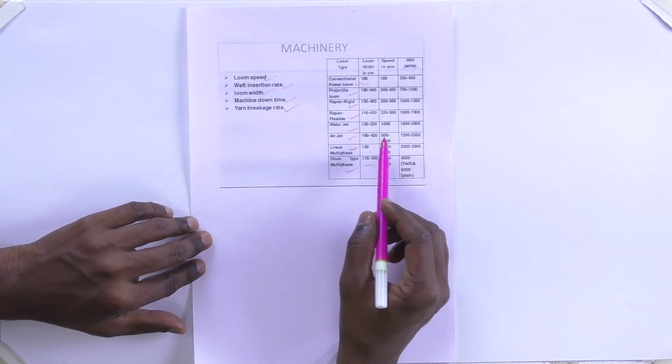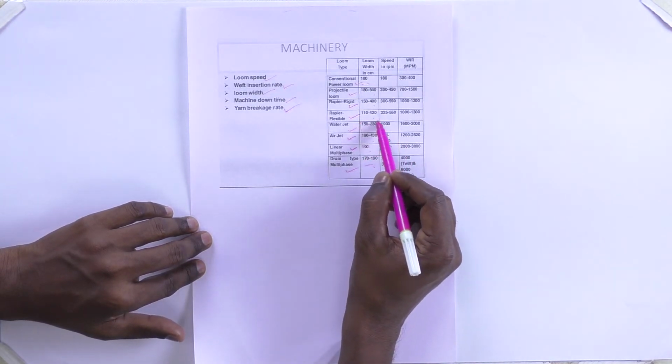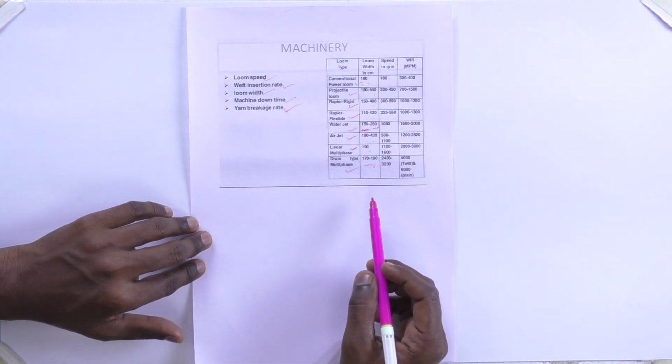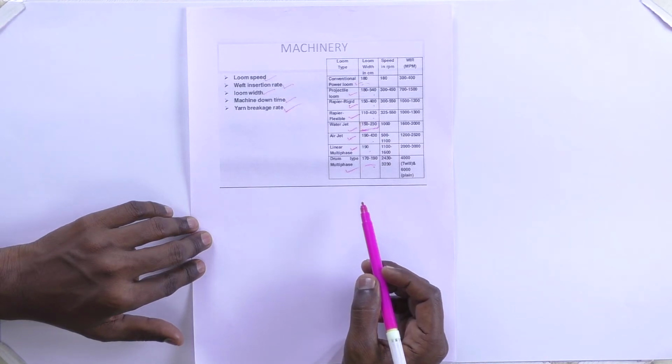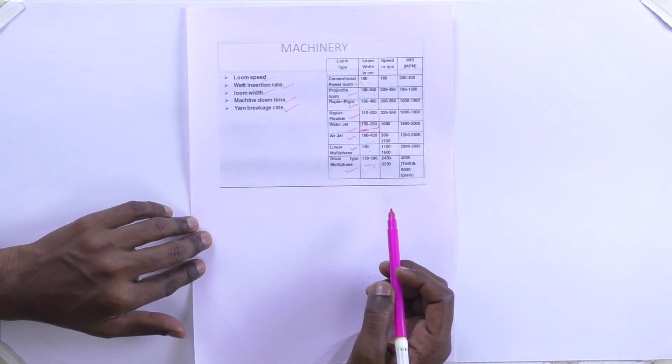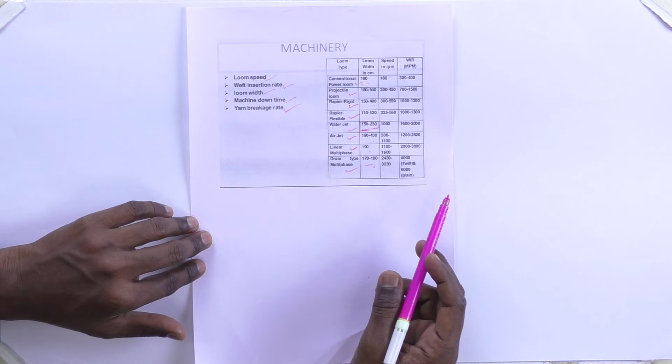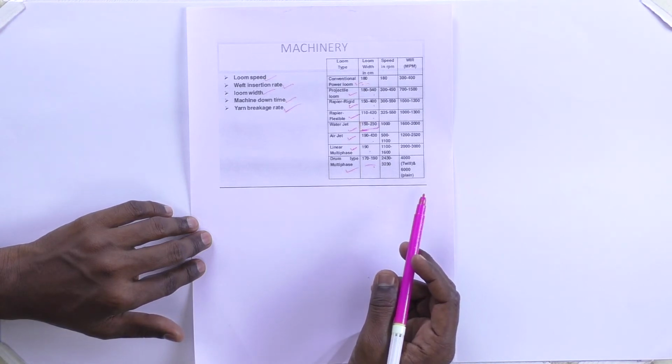So even though the water jet loom has a number of advantages, its loom width is very less, because the propelled water is not in a position to carry the weft up to a long distance. Only a limited width of fabric is produced by using water jet loom because water is used as the medium.